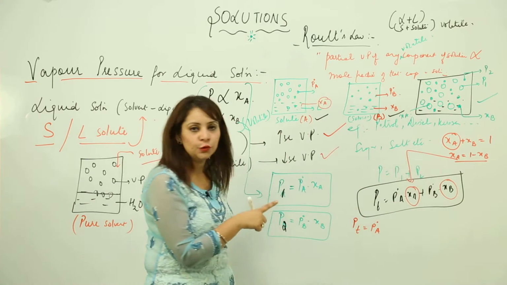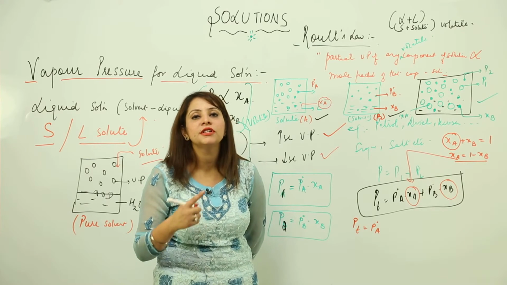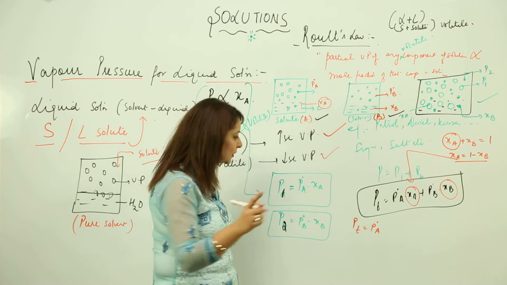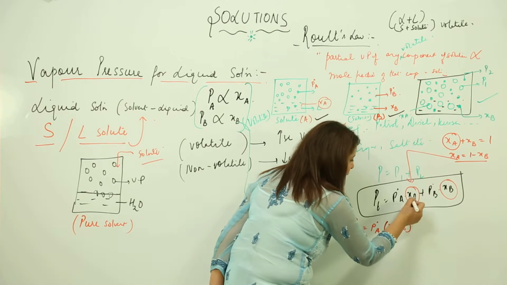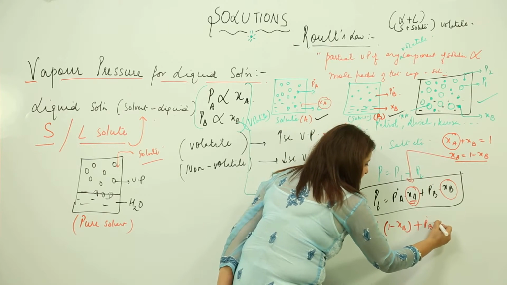Because I am going to express the total pressure, or you can say I am just going to relate the total pressure in terms of molar concentration of one component, right. So what do I get? I get (1 minus XB), because instead of XA I am writing this value, plus P naught B into XB.